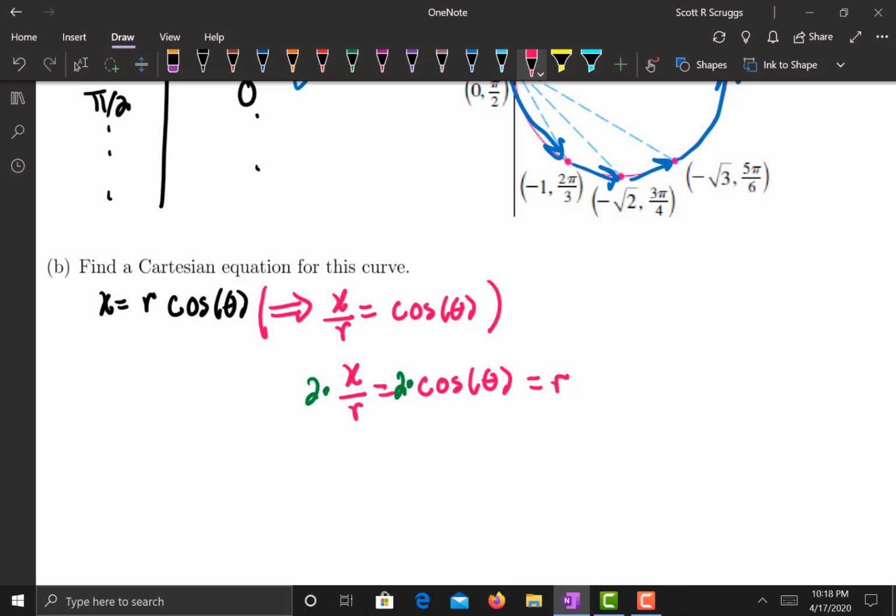So I want to keep that noted, that I now have r equals 2 times x over r, meaning if I multiply by another r, then on the right hand side the radial coordinate cancels, and I now have r squared equal to 2x.